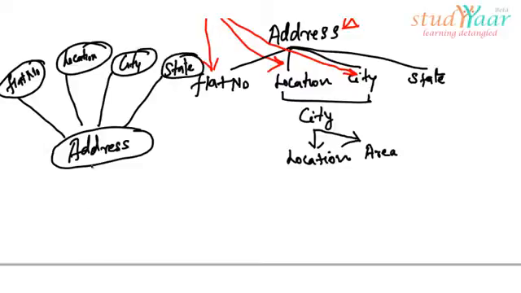Okay, and this is the attribute of person. Right? This way we represent a composite attribute. Composite attribute is something that can be further divided into a simple attribute or a set of simple attributes.